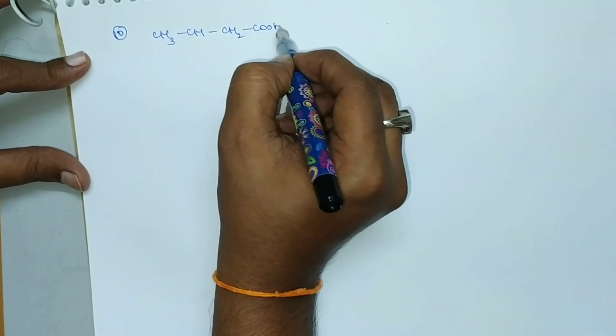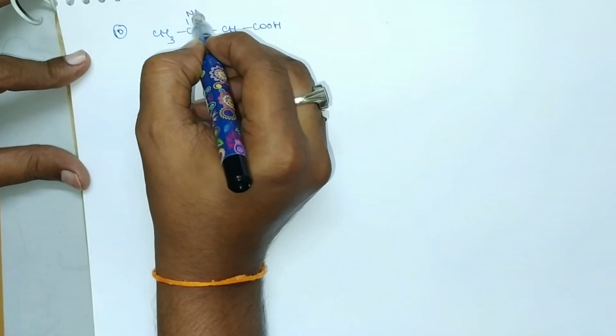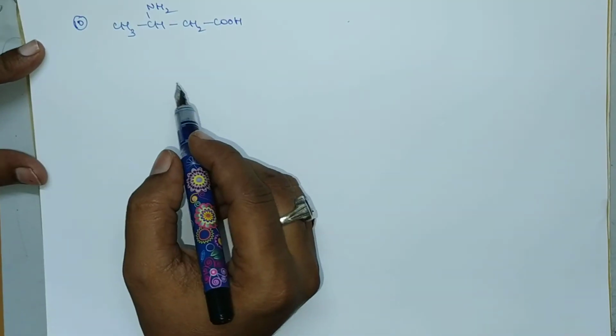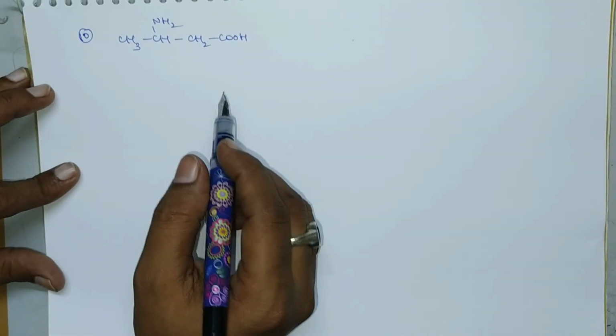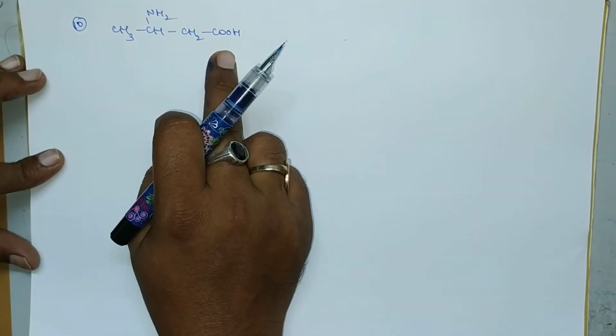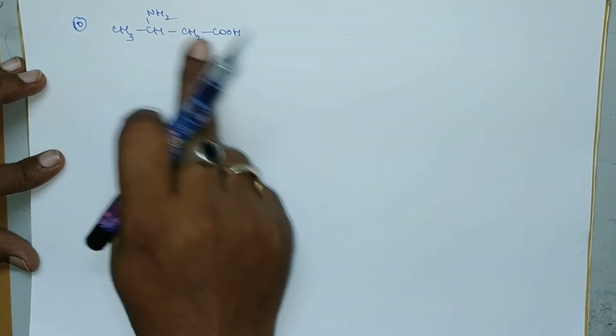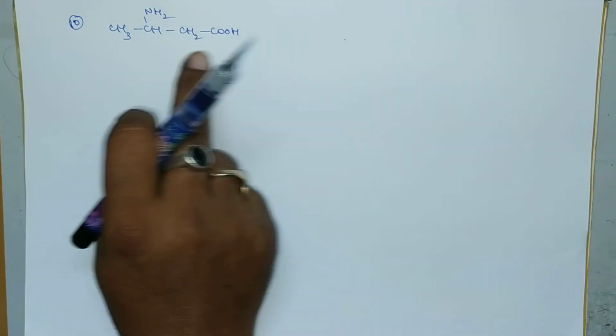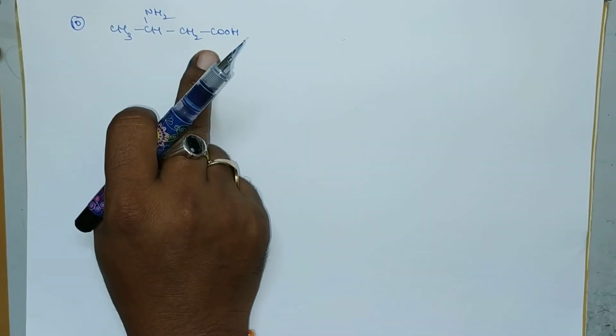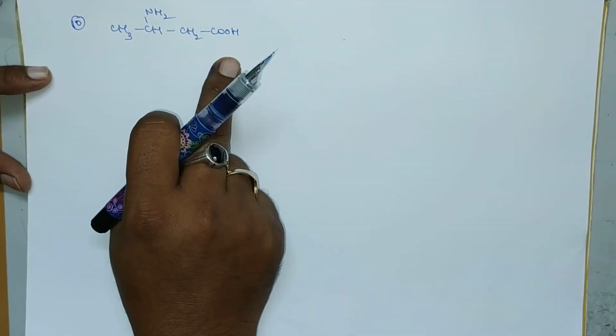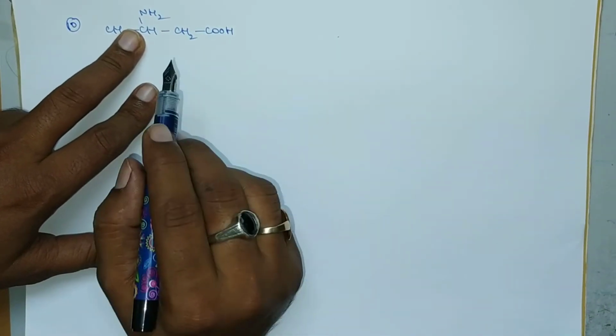Let us take this example. This example consists of 2 functional groups. The first one is COOH, the other one is NH2. This type of molecule is called a bifunctional molecule. In the case of bifunctional compounds, we have to consider one functional group as primary.